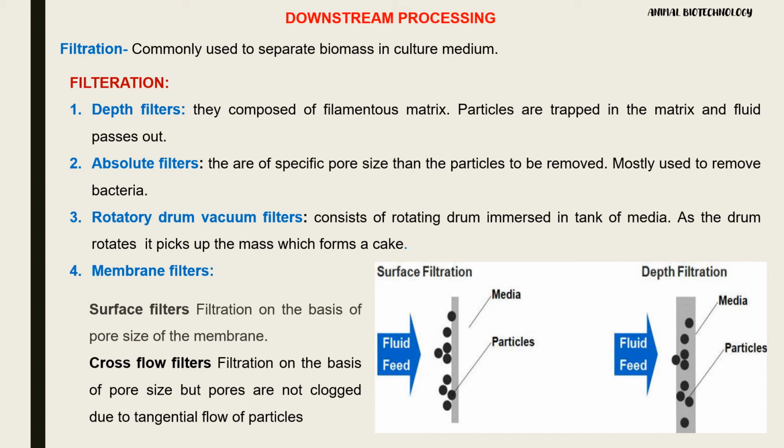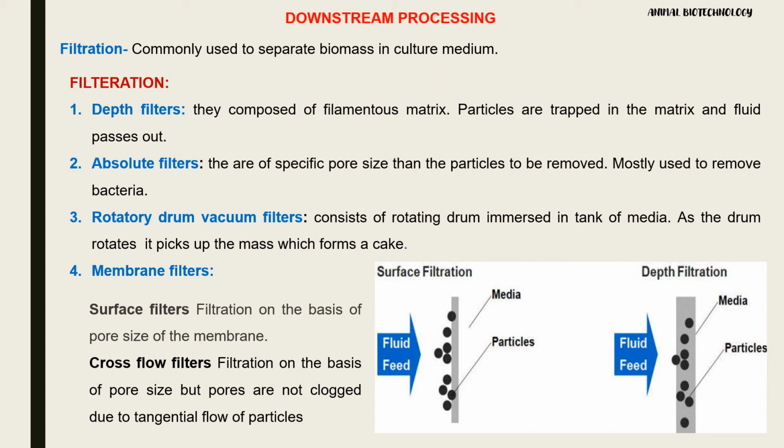Rotary drum vacuum filters. It consists of rotating drum that is immersed in the media. As the drum rotates, it picks up the mass which forms a cake. Membrane filters. Surface filters, filtration on the basis of pore size of the membrane. Here, the particles are retained on the surface of the membrane.